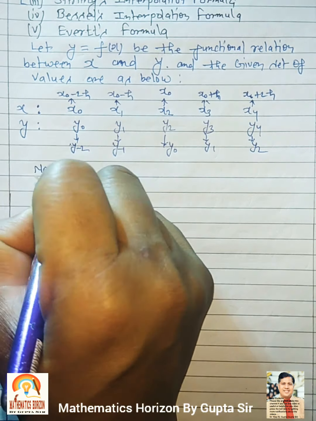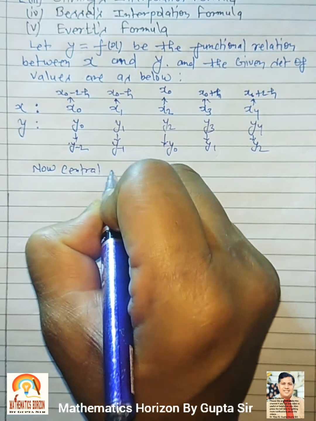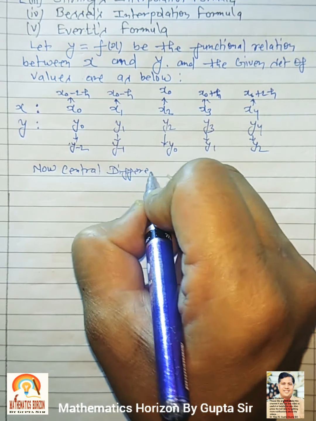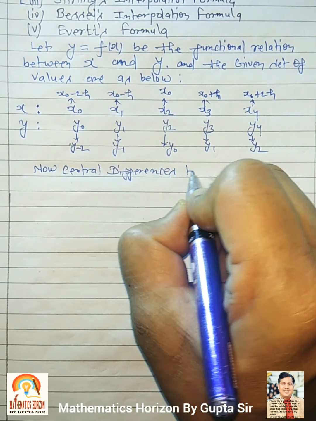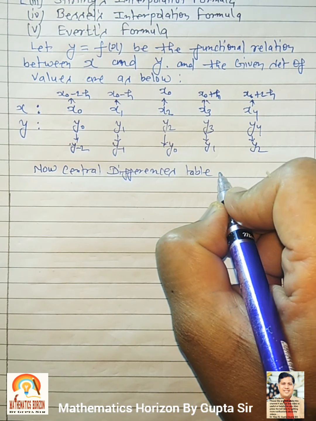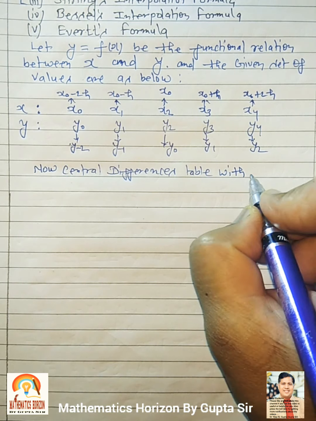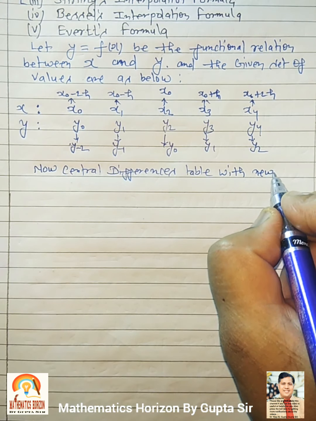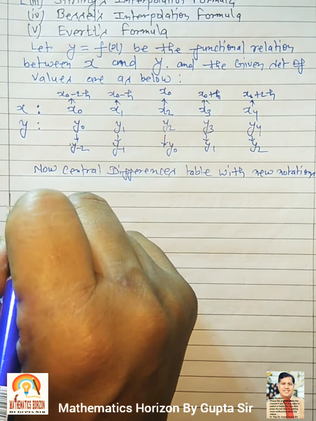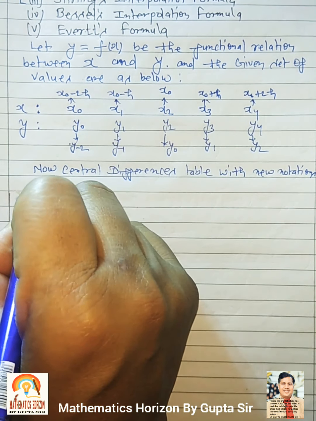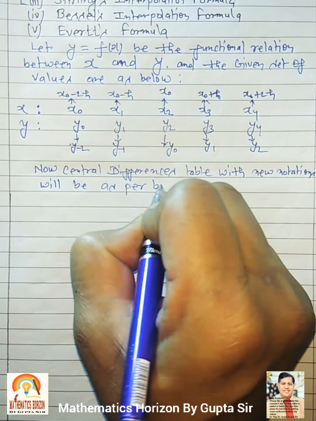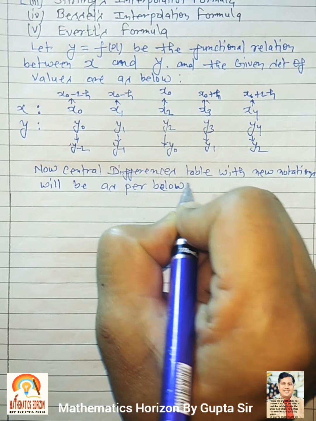Now the central differences table with new notations will be as per below.